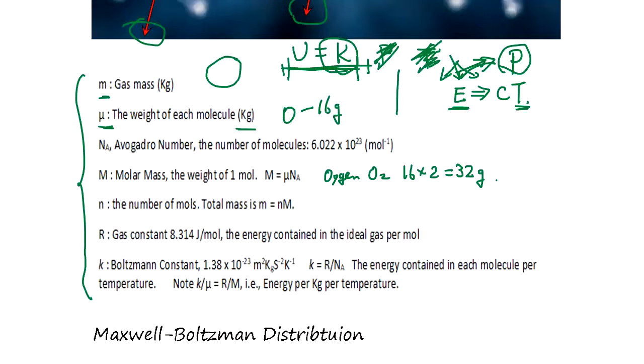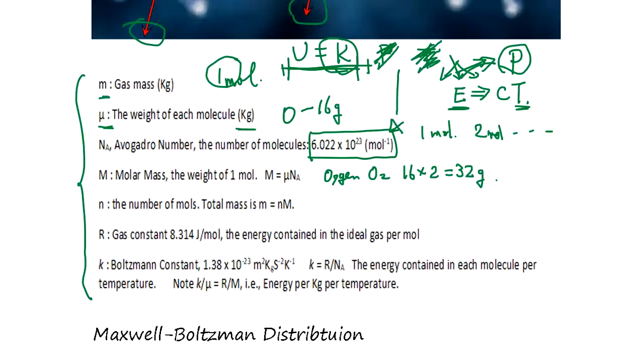How many? It's 1 mole. We define the mole later. The Avogadro number is this number, called a mole. When we talk about how many molecules, it's 1 mole or 2 moles, and so on. So 1 mole is this many molecules.